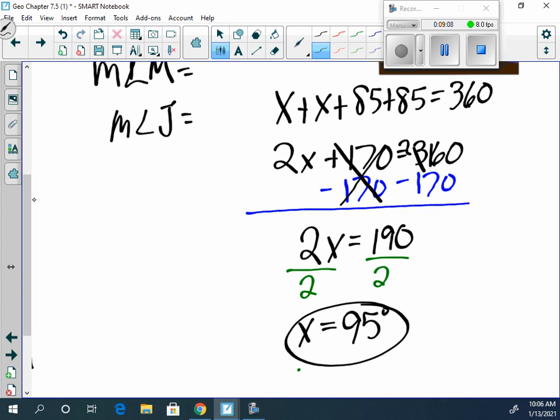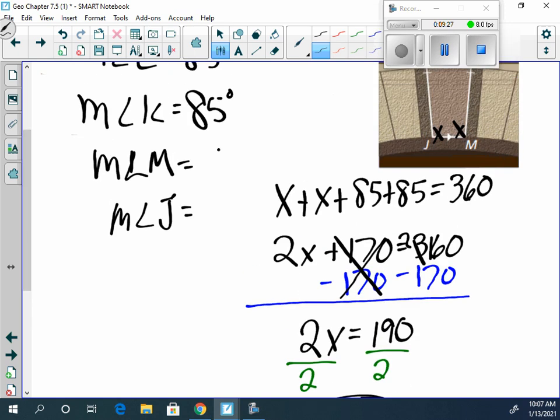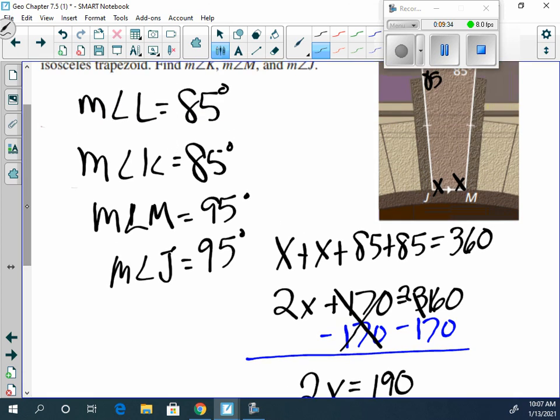So x plus 85 plus 85 equals 360, and the two that we're missing are the same because it's an isosceles trapezoid. We solved and found the missing angles are both 95 degrees.